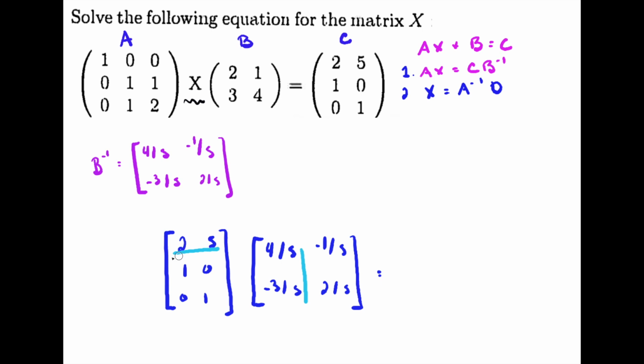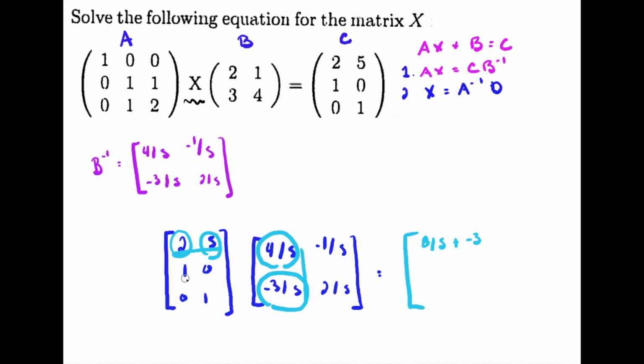We take the first number, first row, first column, so this number here, and we multiply it by this first number, and then we add this number times this number. So our first number up here is going to be 2 times 4 out of 5, which is 8 out of 5. So we have 8 out of 5 plus 5 times negative 3 out of 5 is negative 15 out of 5, which is 3.